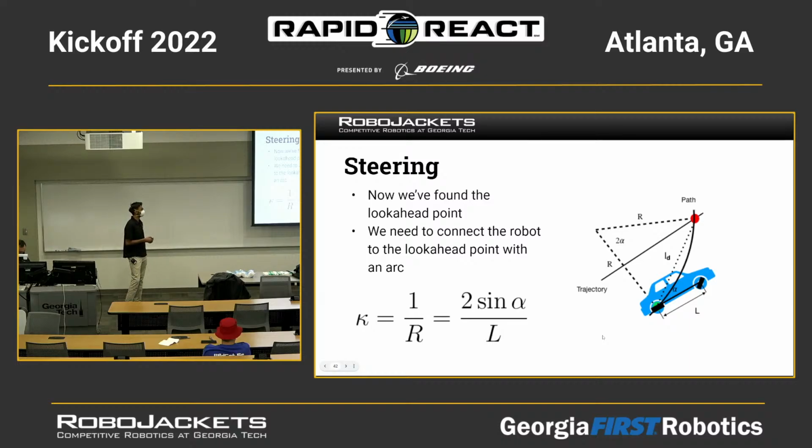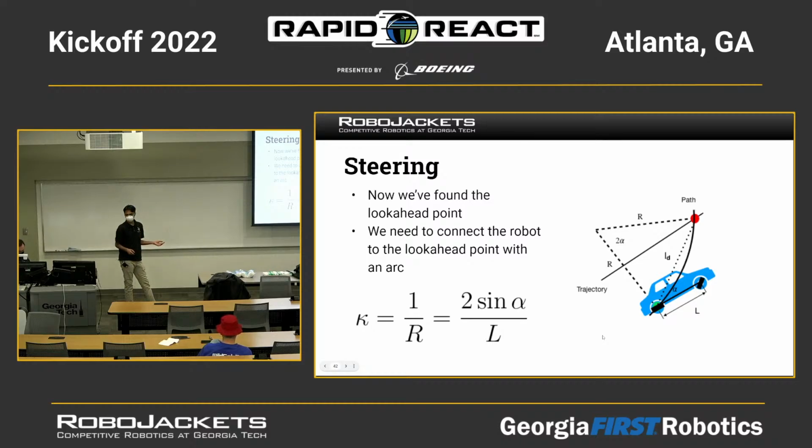And we do that using this relationship here. Since it's an arc, it's going to have a constant radius. So there's going to be some point, which is a distance of r away from the robot. That's also a distance of r away from the path. And they're connected by another distance L, which is the look-ahead distance of the robot.